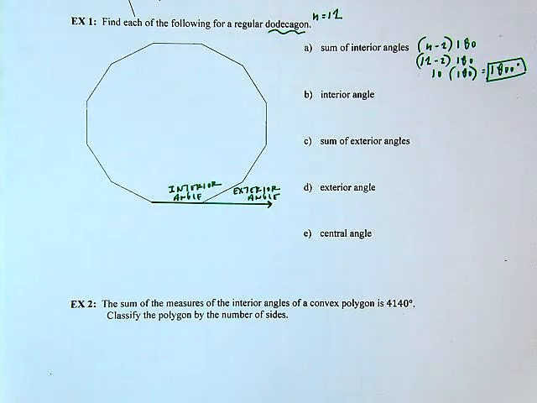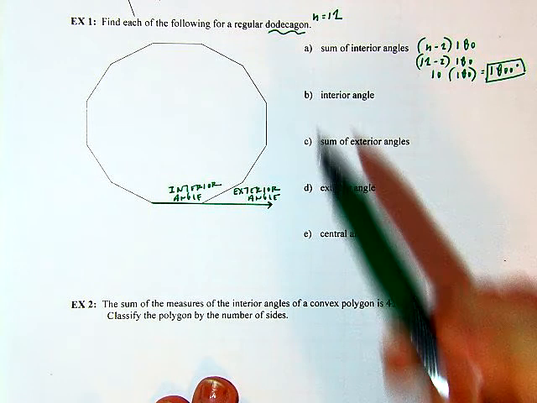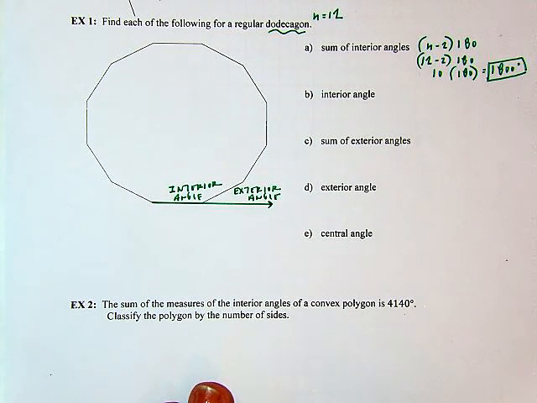We see that together they form a linear pair. They are supplementary. I could have done that with any interior angle. I could have picked this one, extended this side, and drawn in an exterior angle, for example.